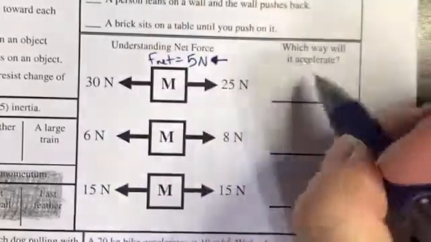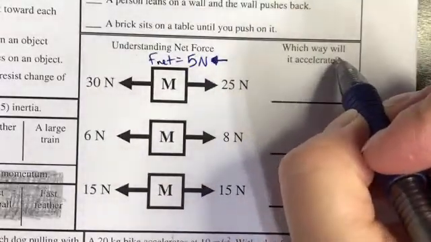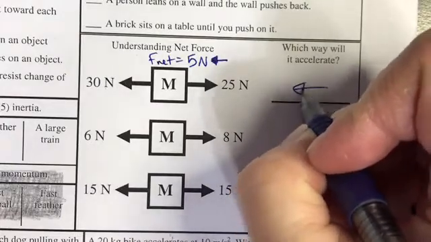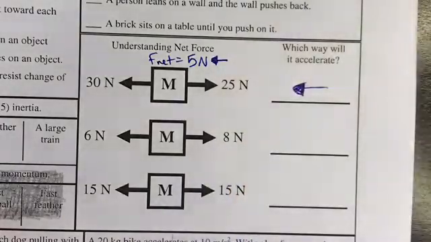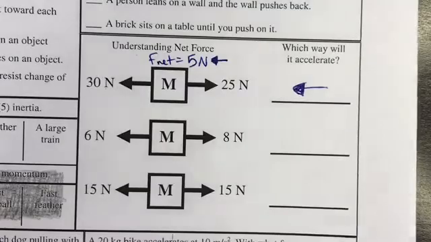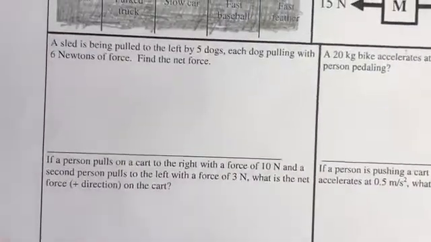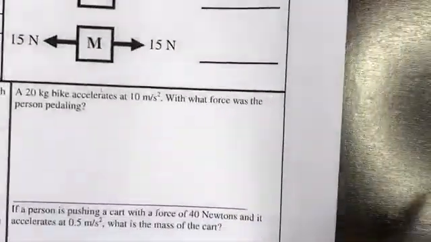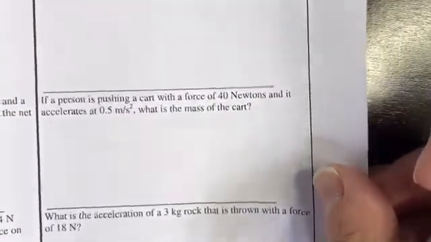That's your net force. So the question asks, which way or which direction will it accelerate? It will accelerate that direction, to the left. Okay, continue with the other two. All right, here we have 3 problems talking about net force. And then we've got 3 problems dealing with F equals ma.